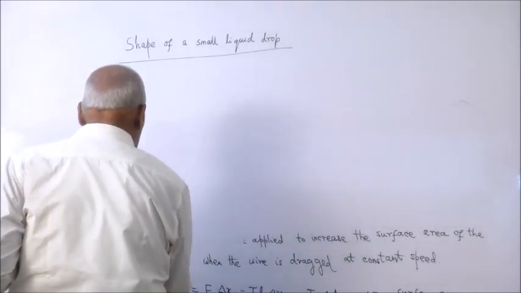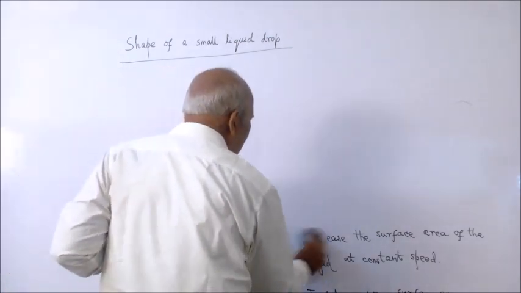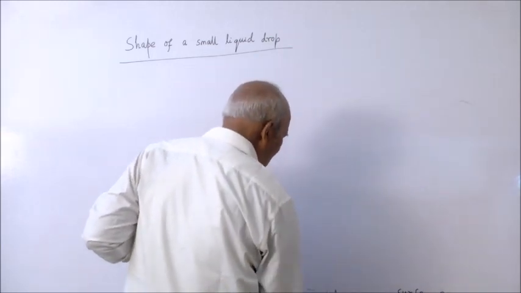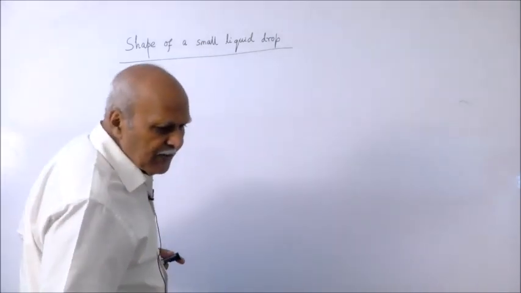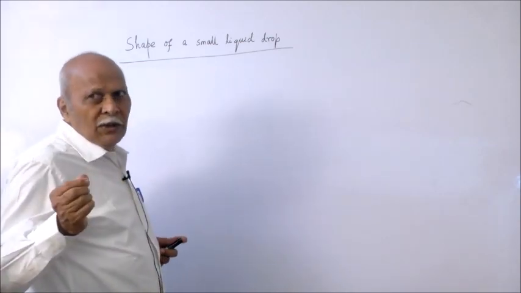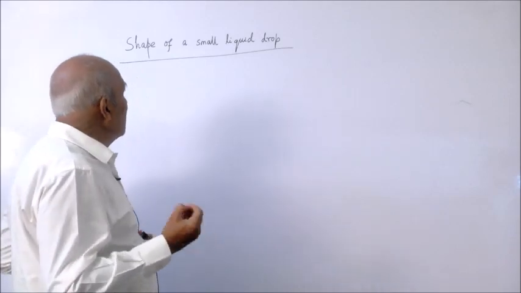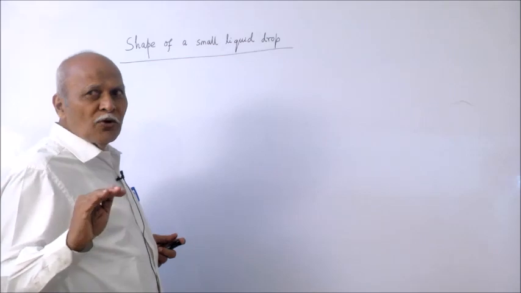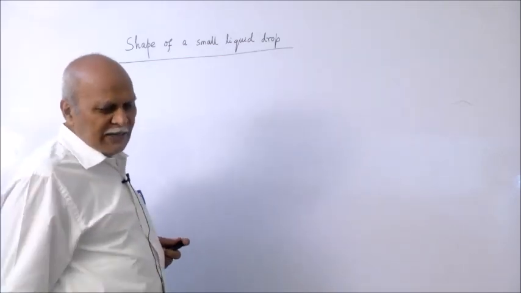Just like in winter you find small drops of water on grass or leaves of trees, they are spherical. Mercury drops, if a thermometer is broken, mercury will just roll. So, mercury drops are also spherical, whereas bigger drops of mercury are flattened. Bigger drops of water are also flattened.